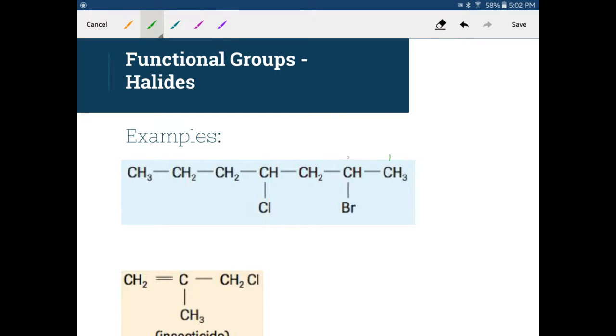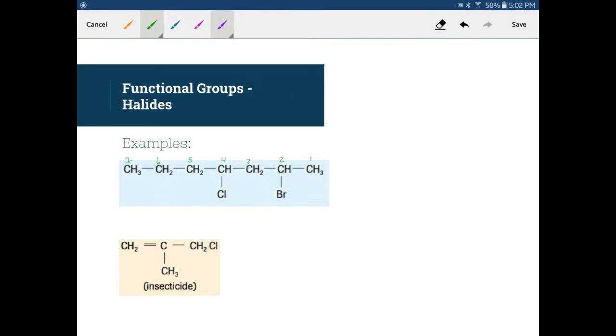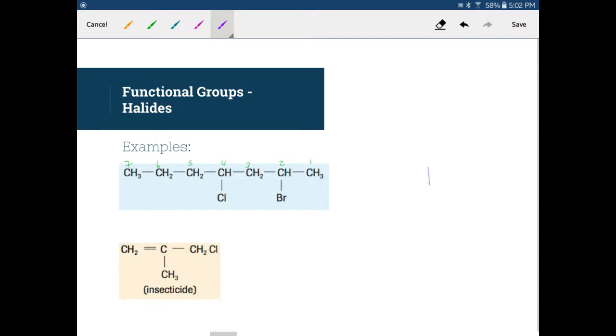So this is covered 1, 2, 3, 4, 5, 6, and 7. So that tells me my parent chain is heptane. I don't see any double bonds, so it's an alkane, it's an ANE.